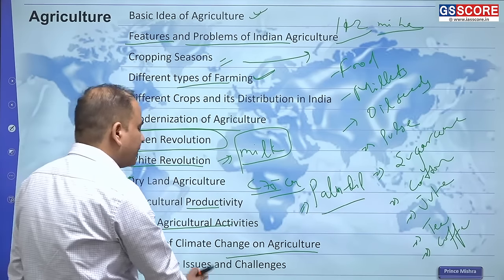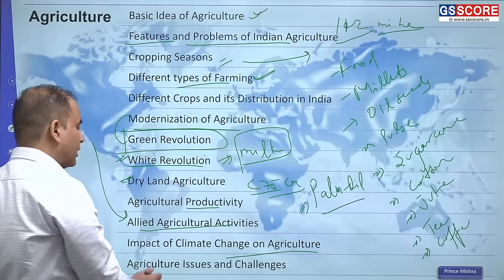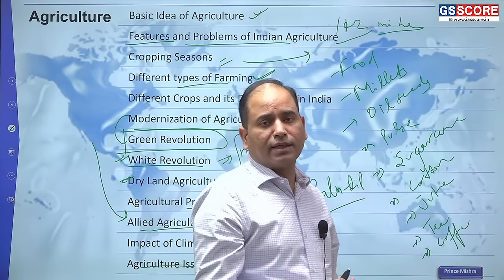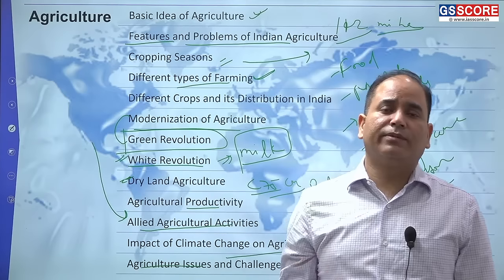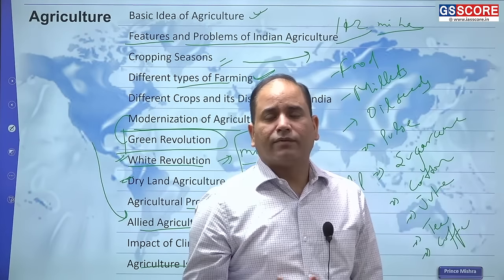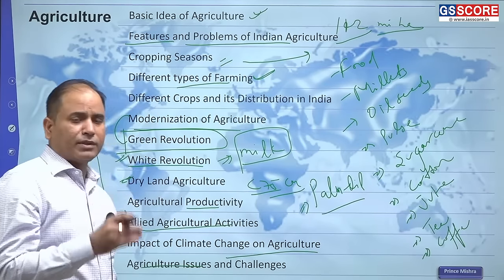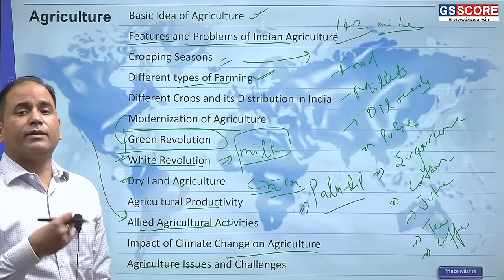Now, agricultural issues and challenges. Consider some of the recent issues that the country is facing. You must be aware that there was a farmers' protest for more than 1.5 years. Why were the farmers protesting? What were their main demands?